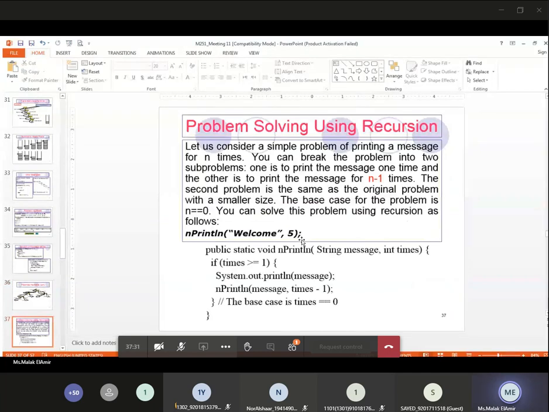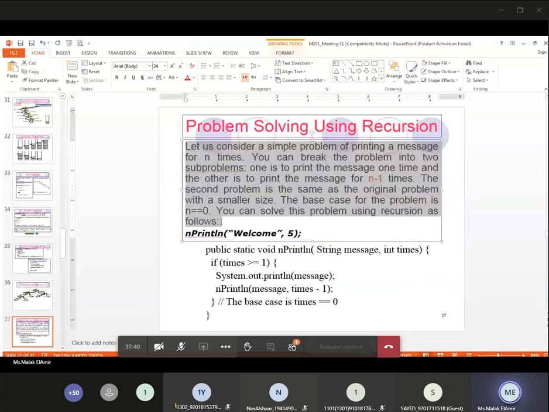Problem solving using recursion. Please read with me, read this part. It is a scenario. You may face something like this in the exam. So let us start. Consider a simple problem.